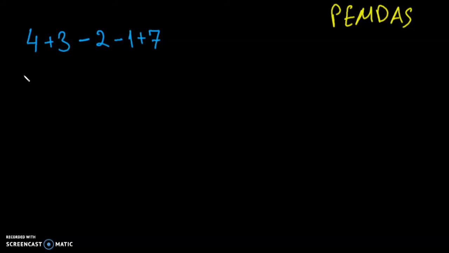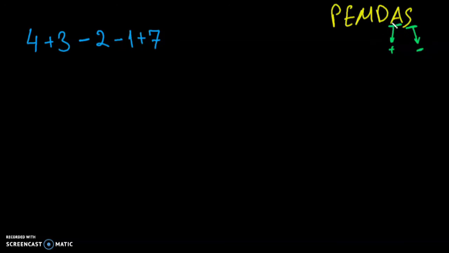4 plus 3 minus 2 minus 1 plus 7. Now, notice that here all we have is addition and subtraction. Now I know that A stands for addition, and S is for subtraction.